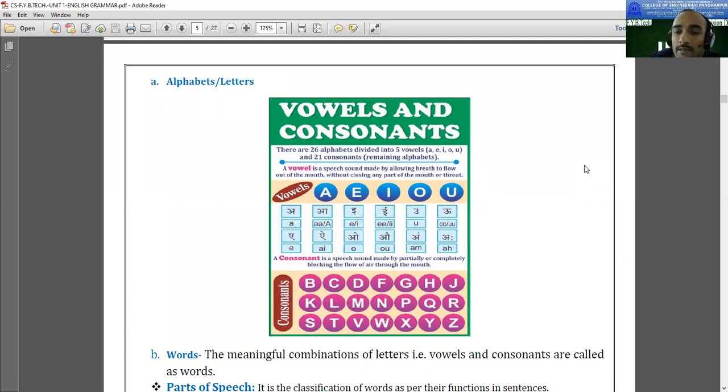A vowel is a speech sound made by allowing breath to flow out of the mouth without closing any part of the mouth or throat. A vowel is a speech sound. Vowel म्हणजेच एखादा आपण speech sound आहे तो कसा तयार होतो? By allowing breath to flow out of the mouth without closing any part of the mouth or throat.